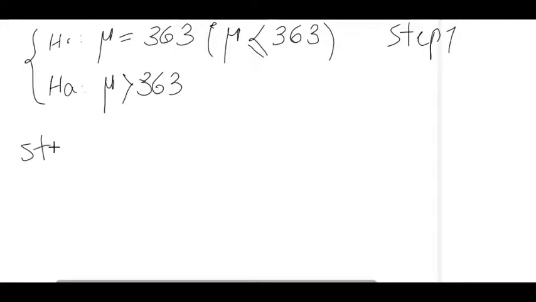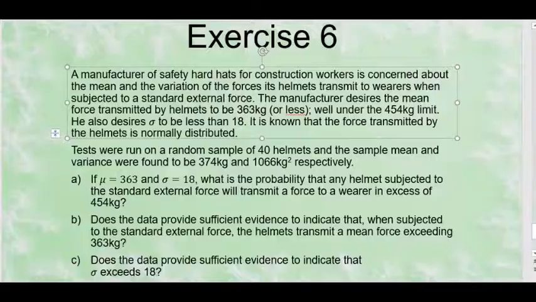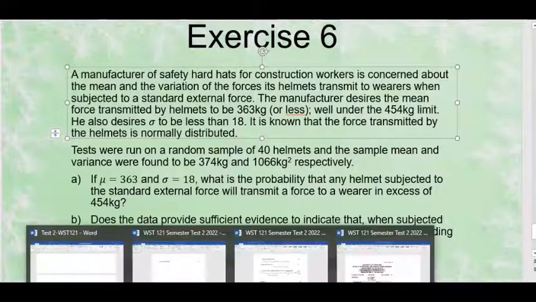In step 2, we have n equal to 40. The sample size is 40. The sample mean is 374, and the sample variance is 1066.